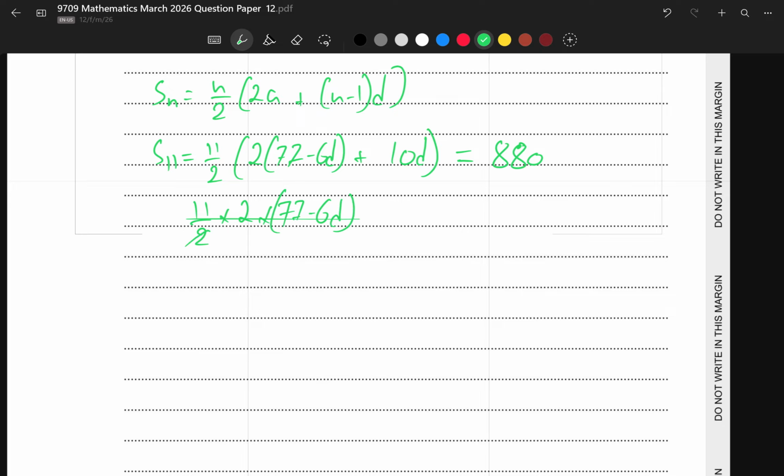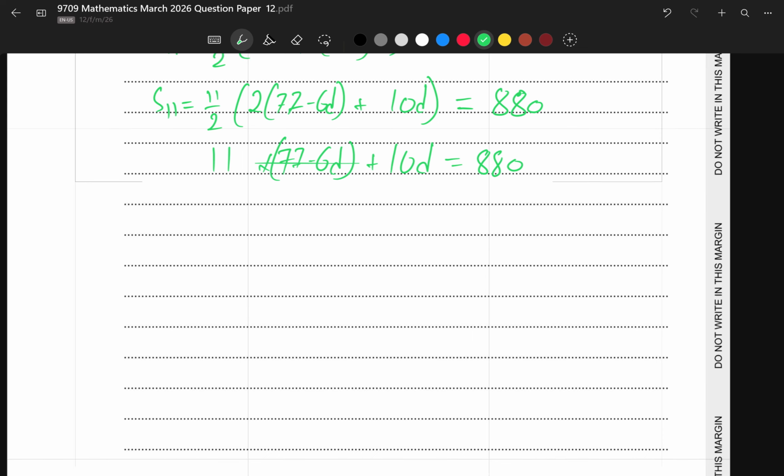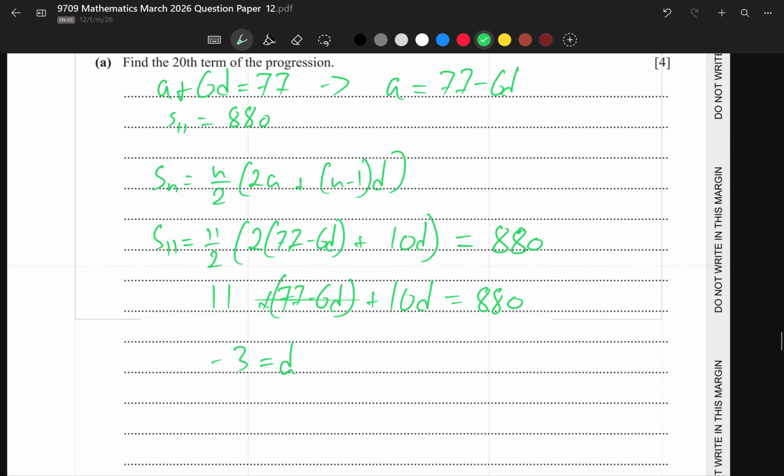Now these both cancel out, so what remains is 11 multiplied by 77 minus 6d plus 10d is equal to 880. Now if we solve this we will get d equals minus 3. So we have finally found the d.